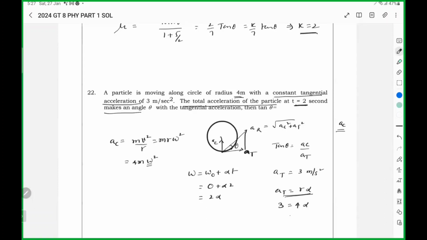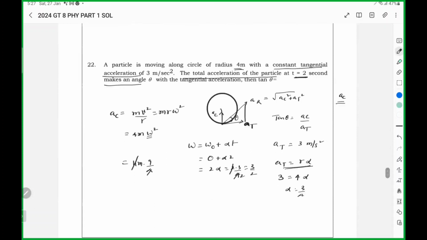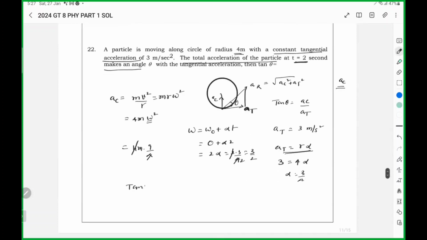Radius is 4, alpha here is 3 by 4, 2 into 3 by 4, we get 3 by 2. Now centripetal acceleration is 4 m, omega square is 9 by 4. Now tan theta is AC by AT. AC here is 9 by 4, AT is 3, which is 3 by 4. That is the tan theta value.